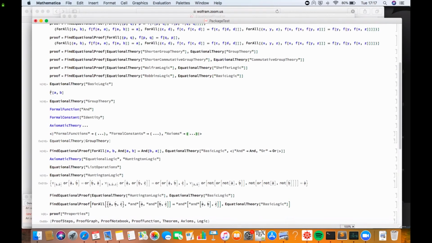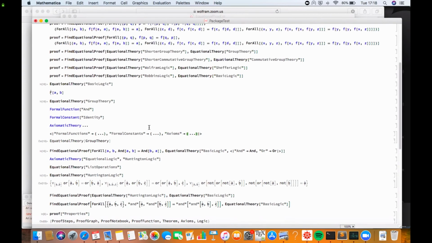And that's probably what we would have. Axioms is returned by default. That's correct. But axioms with the formal functions and formal constants, which would be typeset in a nice way, but underneath they would say formal function, blah, blah, blah.